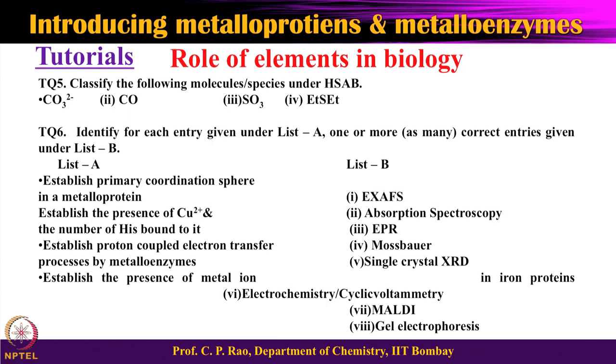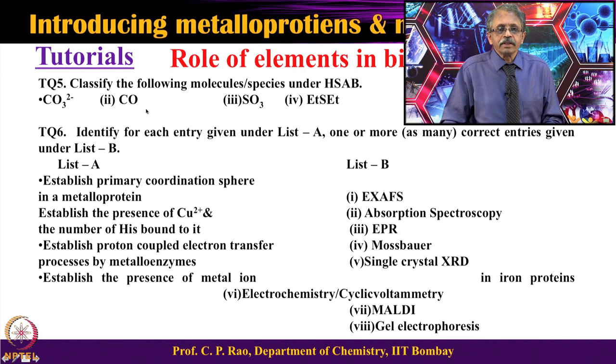Okay, there is an exercise on hard and soft acids and bases. As you know, if you have a species, you have to identify which atom would be binding. First, for that atom, you need to think about its oxidation state or formal oxidation state and size parameters before you can decide whether it is hard or soft.